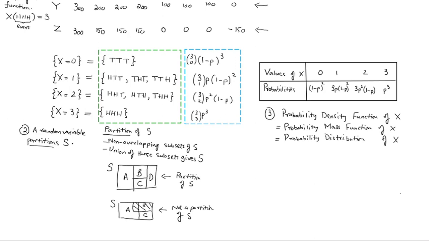Okay, so it has a lot of names, but the most common name, or the name that we'll be using in this course, is density of the random variable. Okay, it's just the values of the random variable and the probability.